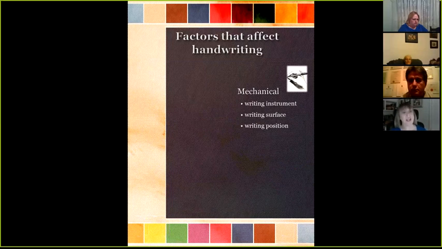What if you were writing in a helicopter or in an airplane? Your writing is going to look different. So the point being, if it looks kind of odd, then get more information. Find out the circumstances under which it was written and whether that's the way it normally looks. So those are mechanical factors.